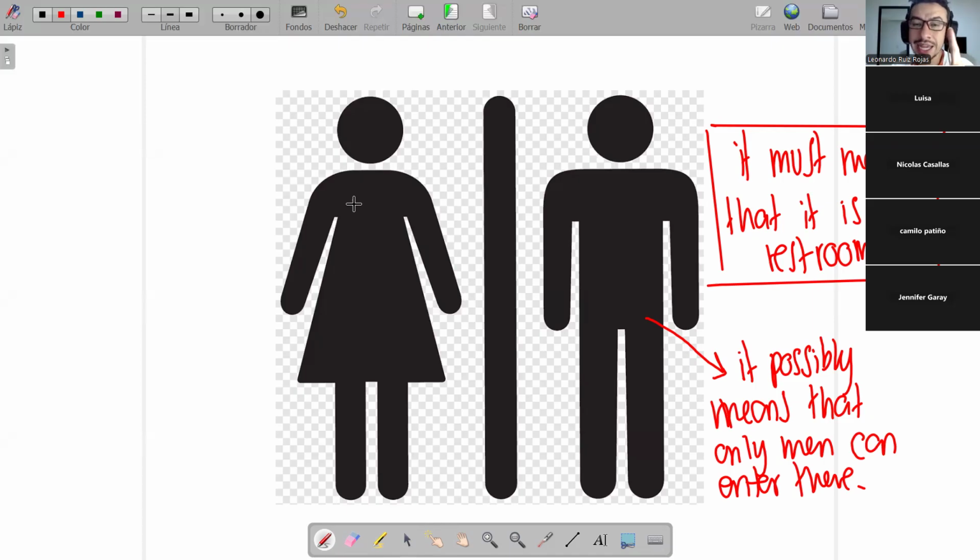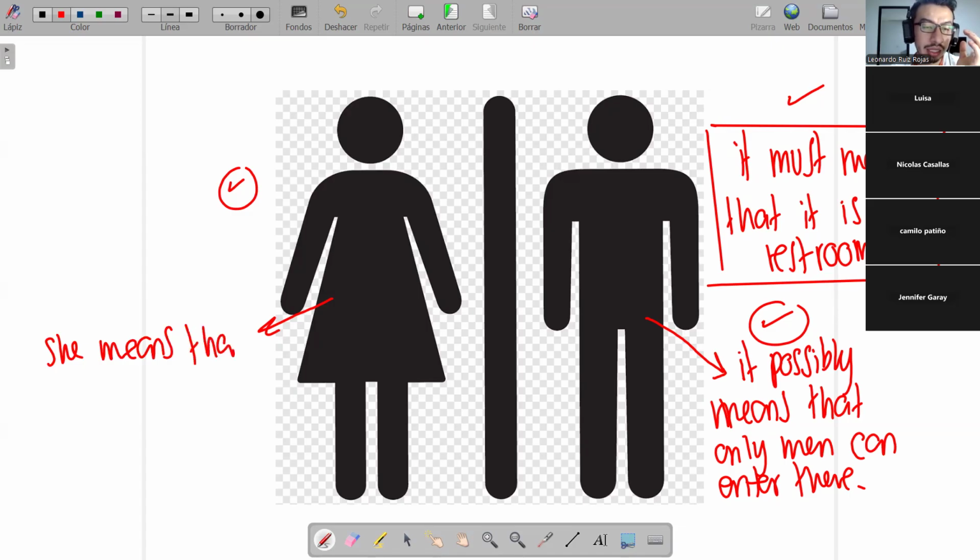So one sign can be expressed or can be interpreted in different ways. I can express it as a general meaning. I can express it as a possibility, as a permission, or I can express it as a prohibition, ¿cierto? This girl, she means that men can't enter there.